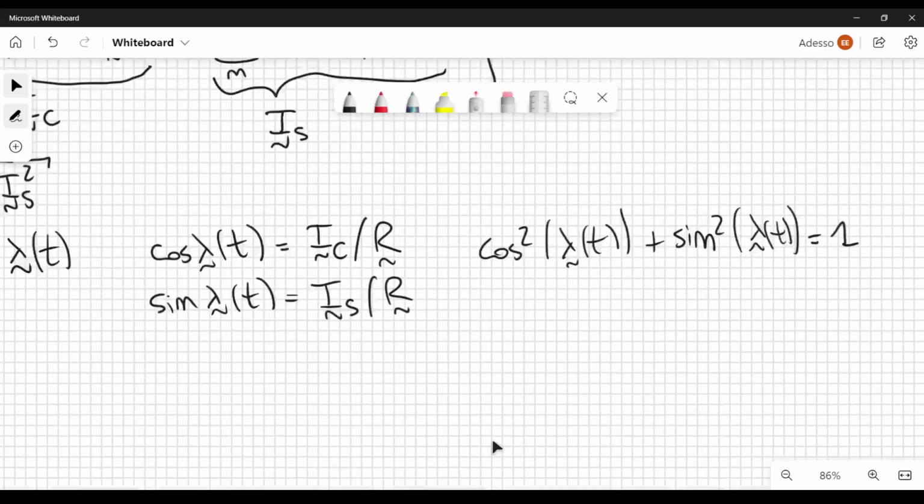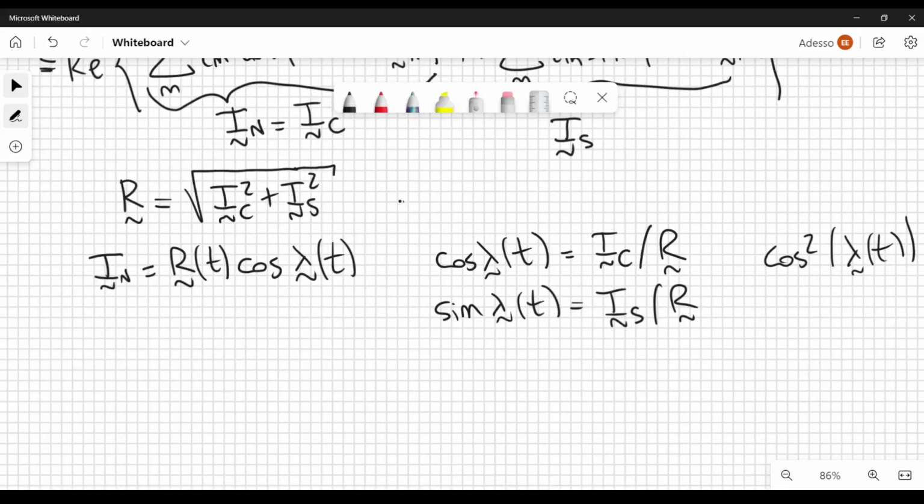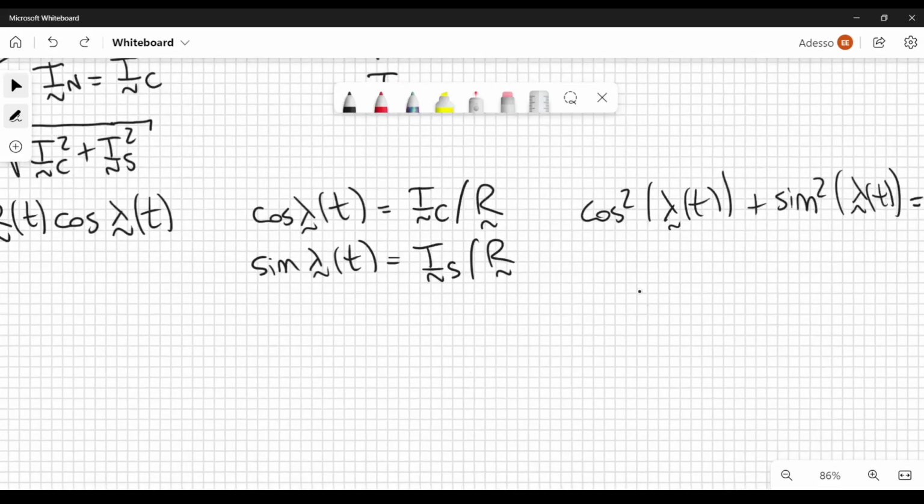right? Because we know that we defined R like this, and we can also see that the absolute value of the cosine will be less than or equal to 1. And similarly, the absolute value of the sine. So it means that these are properly defined because, of course, the cosine and the sine of an angle should be between -1 and 1, right?